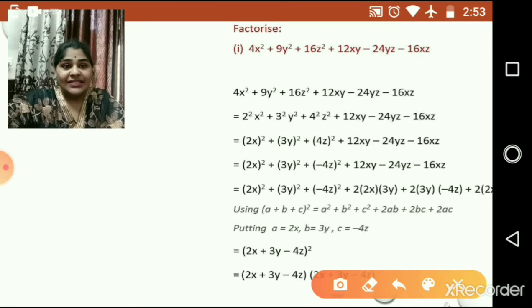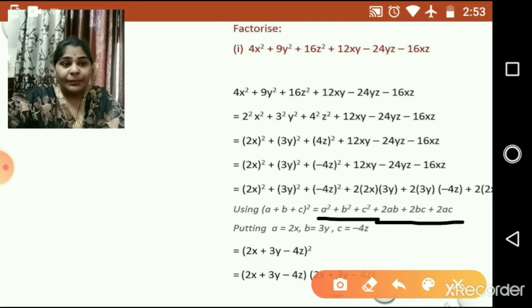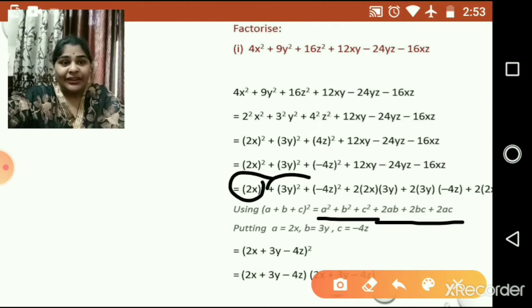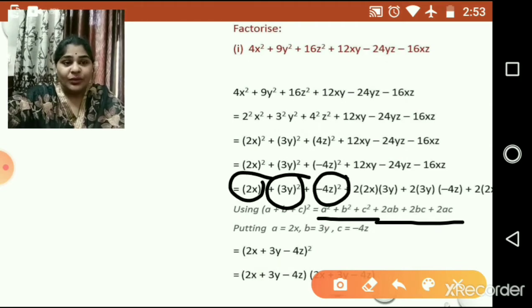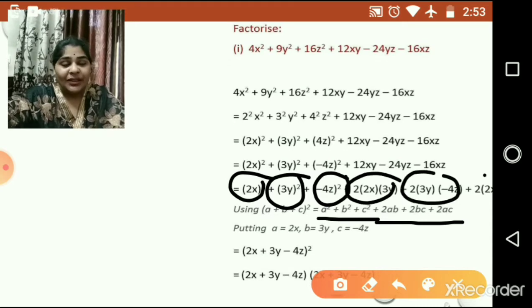Okay, it is now in the form of a square plus b square plus c square plus 2ab plus 2bc plus 2ac. Yes, you can see here a square, b square, c square plus 2ab plus 2bc plus 2ac.